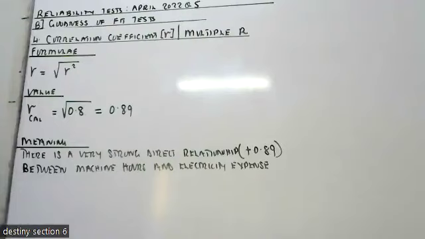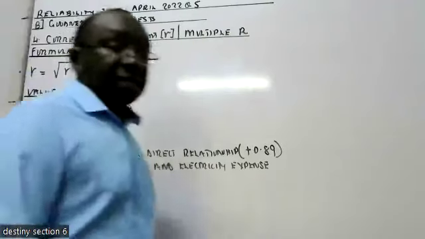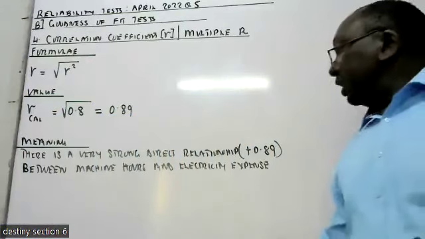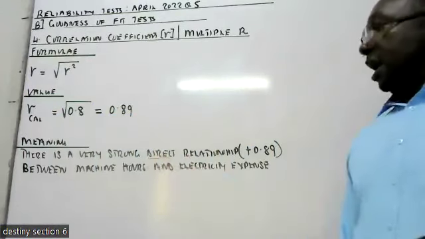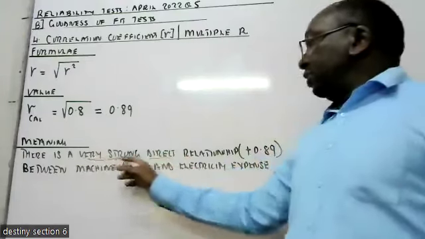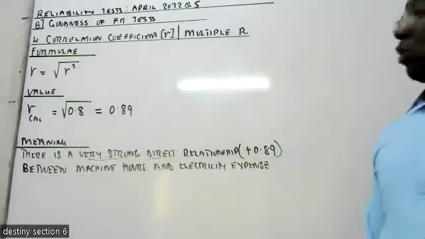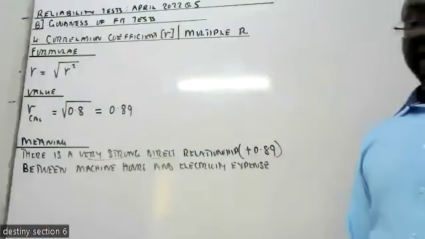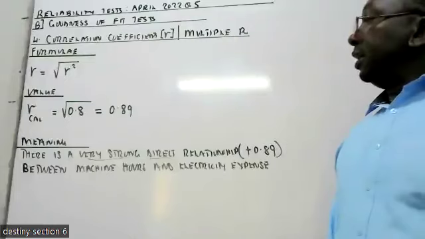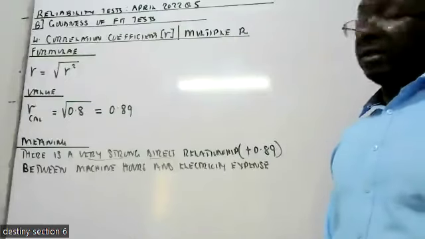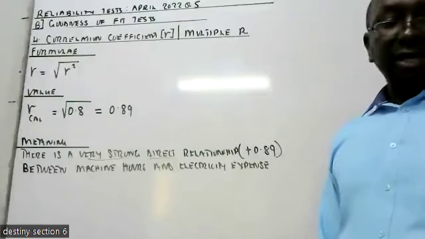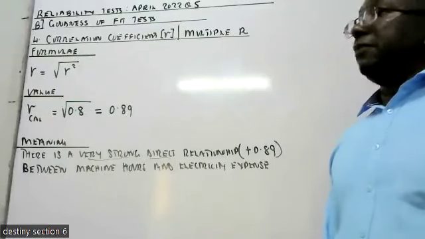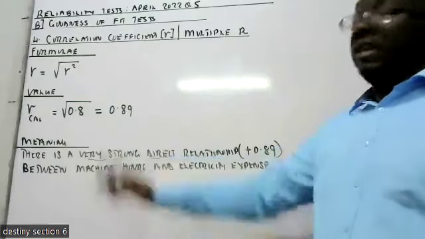So that one is as simple as that. It is used to show us the type of the relationship and the strength of the relationship, and you compute it in a very simple way of getting the square root of R squared. There is a formula that we had used yesterday, and if you check that formula, there could be a slight difference.